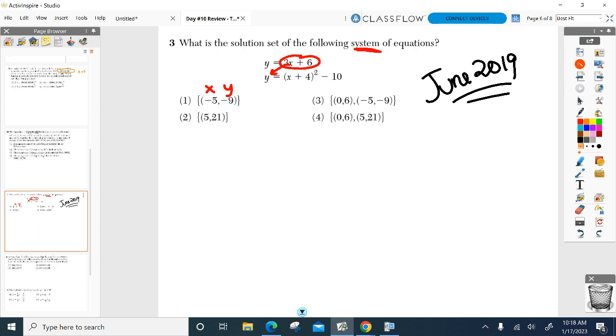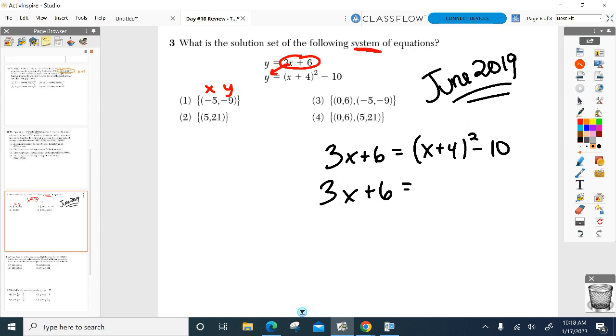3x plus 6 is equal to (x plus 4) squared minus 10. If it's not already solved for Y, make sure you do that before you set them equal, all right? We got lucky here, but if it's not solved for Y, make them both solve for Y. 3x plus 6. Oh, please, please don't do this to me.